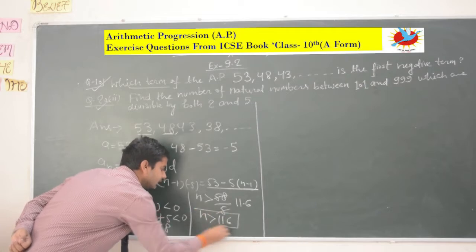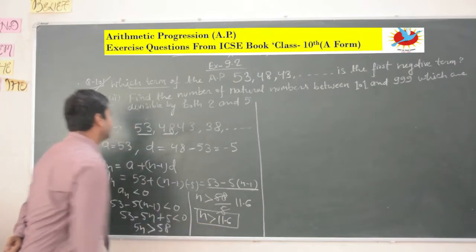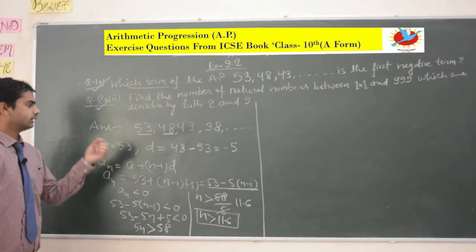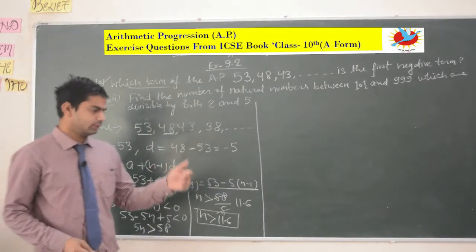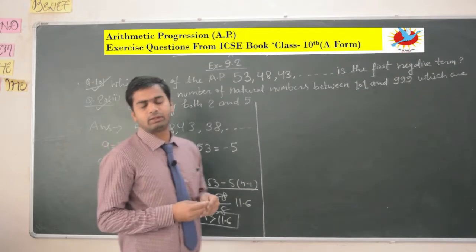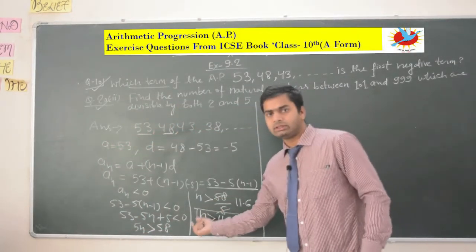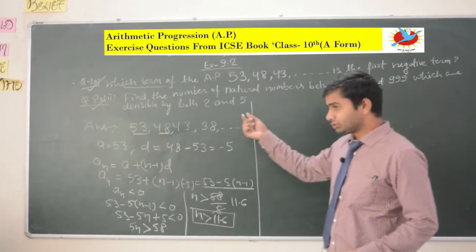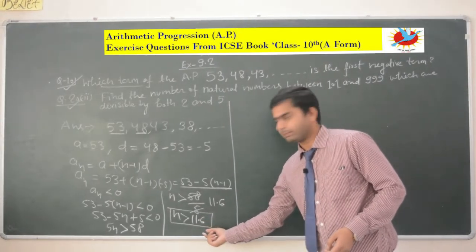Only if n is greater than 11.6 will An be the first negative term. But we cannot take any fractional position, because the position of a term is a natural number, used in counting. The position of any term cannot be 11.6.